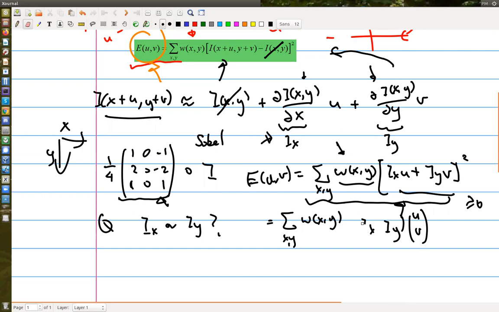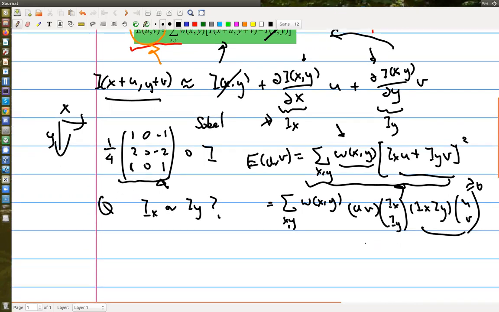Actually I can even write it like this, because this is equal to u and v times Ix Iy. So I may write u v Ix Iy and then Ix Iy u v, right? Note that both of them are equal to this guy, so I just repeat this two times.